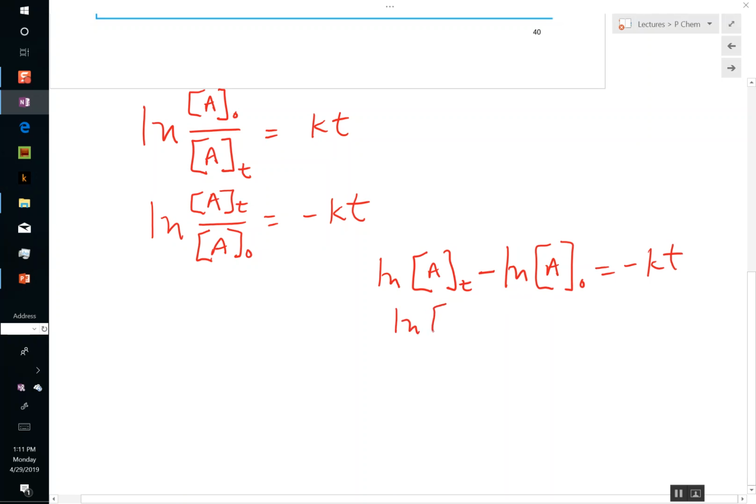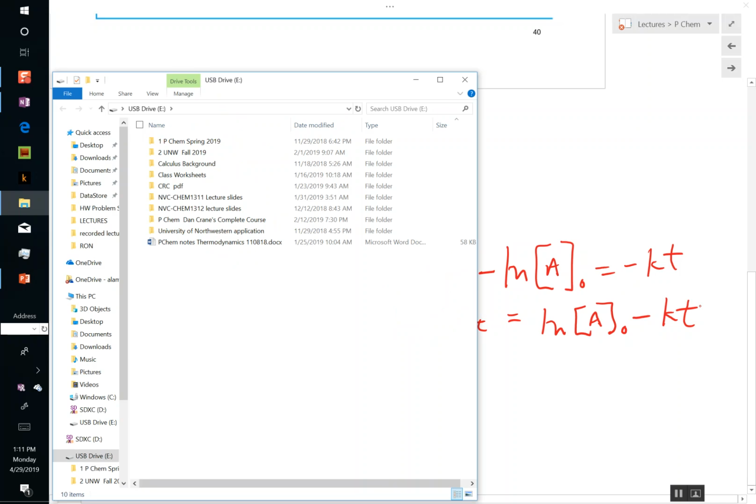And you can get the natural log of A at time t equals, if you add this to both sides of the equation, all right, so there's one other form of it. We're just moving it into another form.